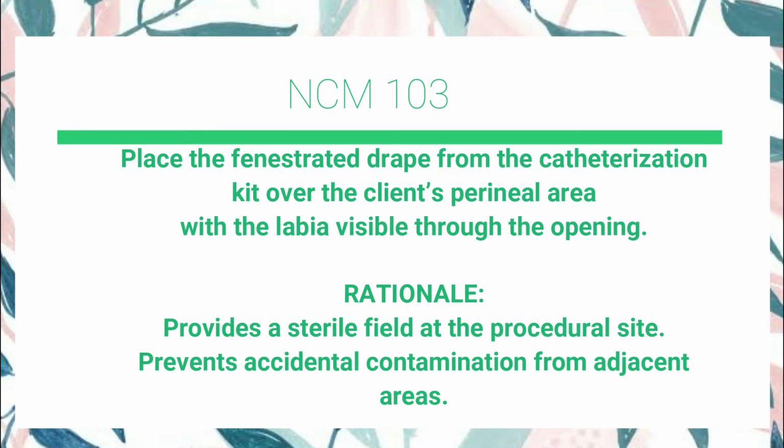Place the fenestrated drape from the catheterization kit over the client's perineal area with the labia visible through the opening. It provides a sterile field at the procedural site and prevents accidental contamination from the adjacent areas.